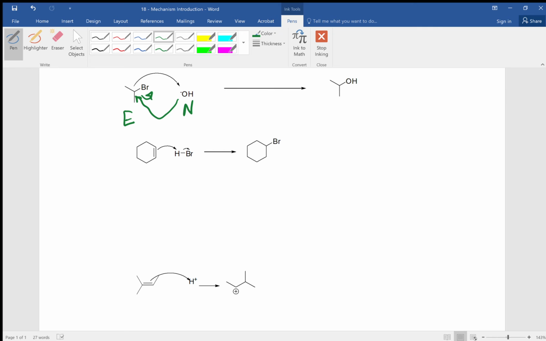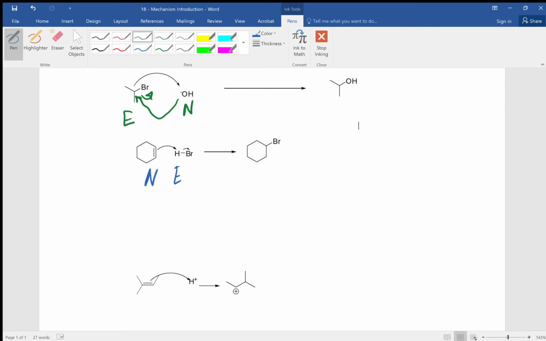How about our third example? So we have the alkene as the nucleophile, and the hydrogen is the electrophile. So all of that's correct. And while ultimately the structure that's drawn here is the correct final product, it's the process to get there that's not correct.